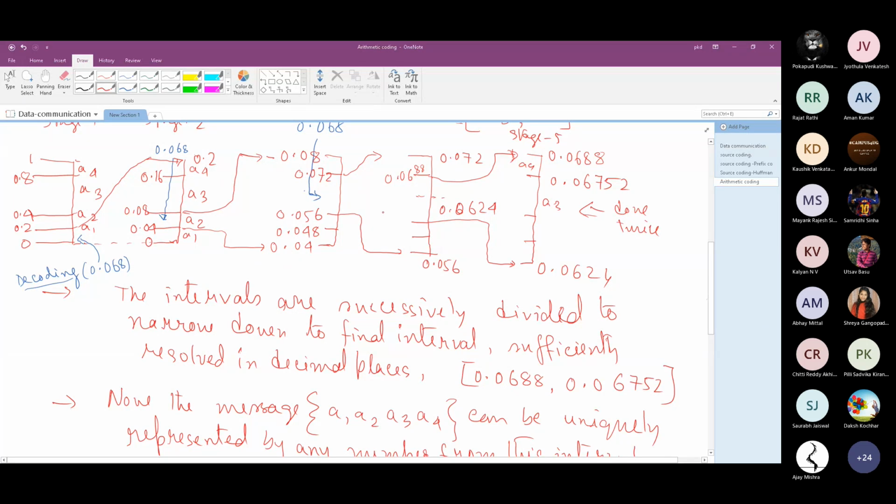That's why we should have taken this interval, 0.06 to 0.07, but we should not pick this interval. Even if we pick this interval, another A3 will come. We are not picking this interval, because we are still dividing the A3 interval at this place. So that's why we are not taking it.